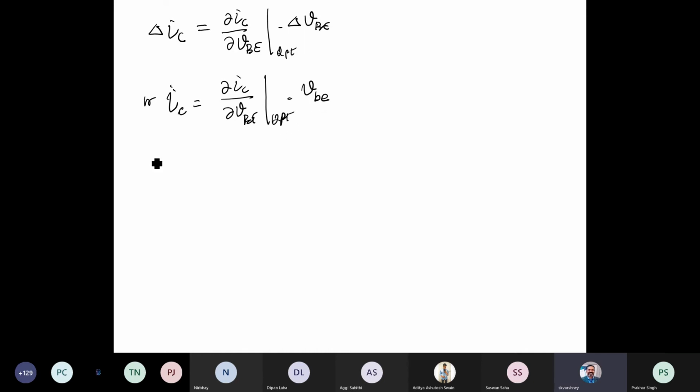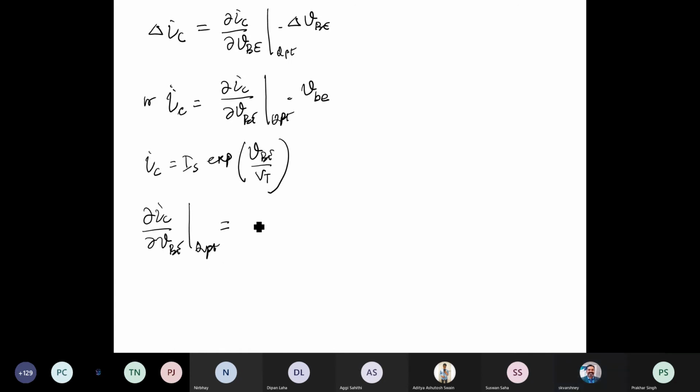Since your IC is IS exponential VB over VT, we can find this change, del IC over del VB, by calculating at the Q point.